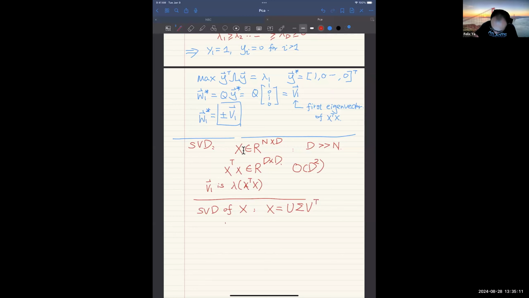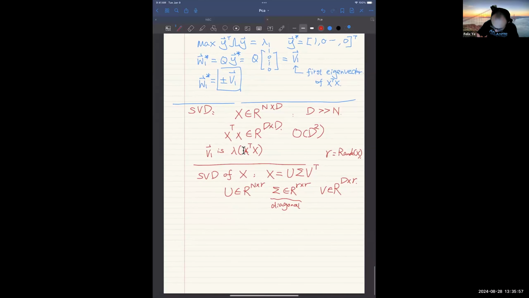In this case, U will be N by R, sigma will be R by R, and V will be D by R, so V transpose is R by D. R is the rank of the matrix X. Sigma is also a diagonal matrix, and on the diagonal are all the singular values.